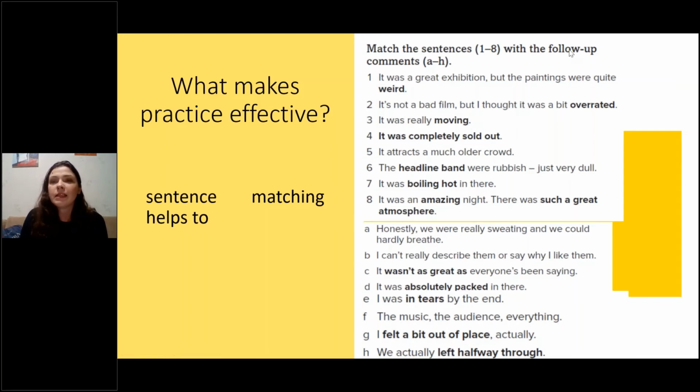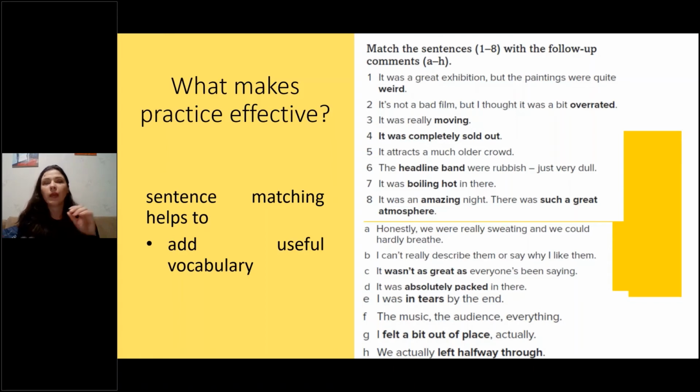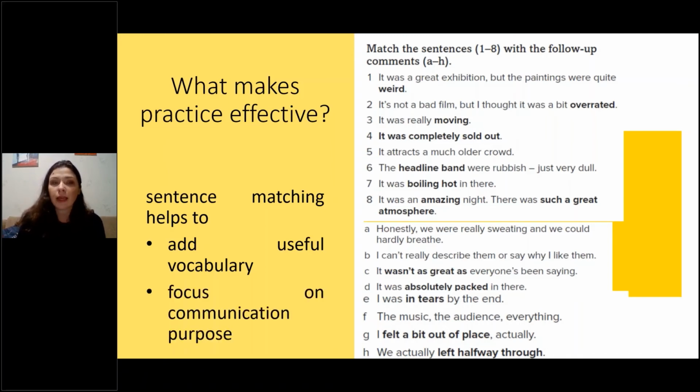Activities like sentence matching. There can be different types of matching sentence. First is like here. We have one statement and how it is continued, right? Or it could be a statement and then a response to it, or question and answer to it. This helps to add more useful vocabulary, to focus on communication purpose.